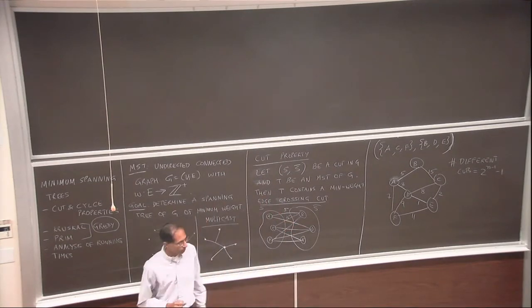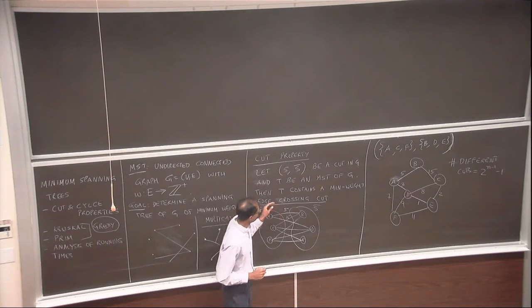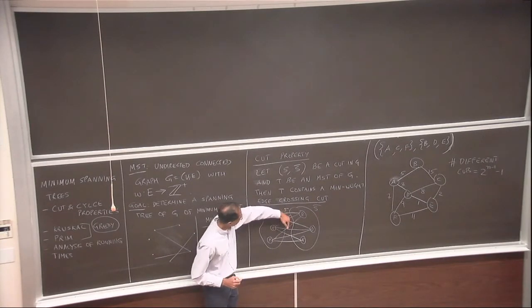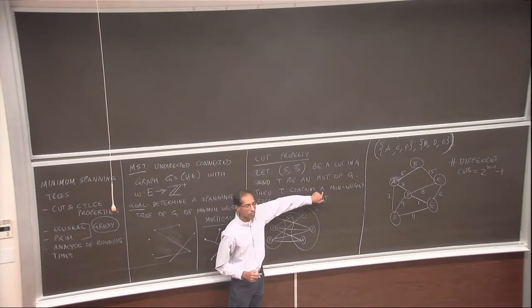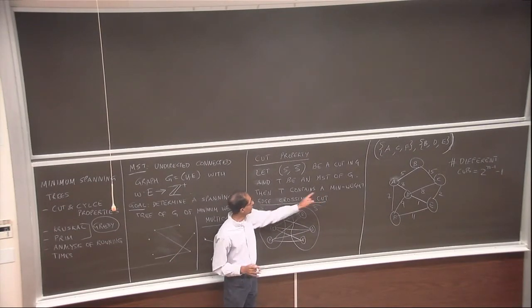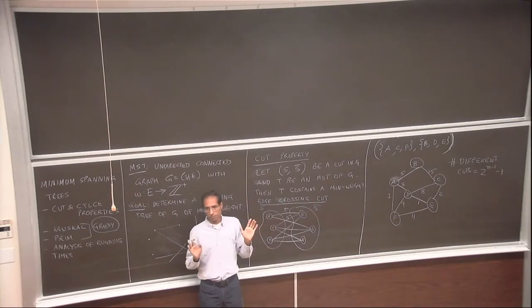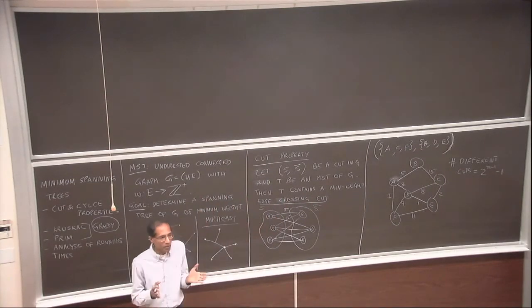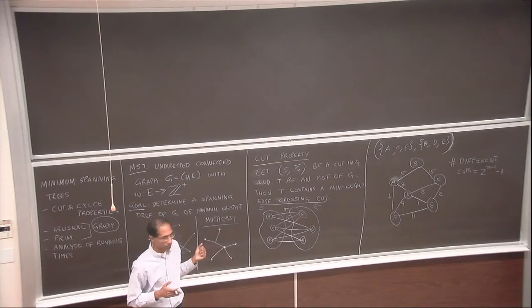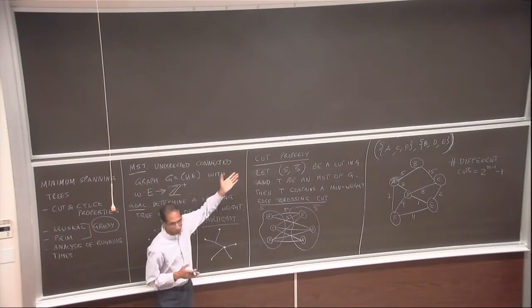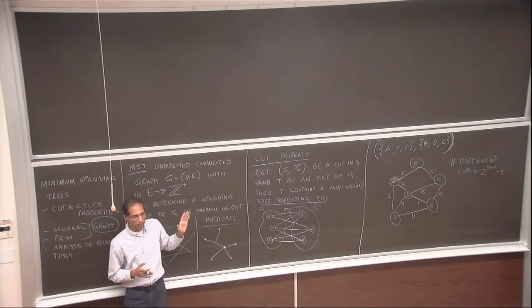Minimum weight edge means an edge that has minimum weight among all the edges crossing the cut. And saying a minimum weight edge acknowledges that there may be multiple minimum weight edges, and we want to make sure that T contains one of them. We don't know which one, but T has to contain one of them. That's the claim of the cut property. We haven't proved it yet. We sort of proved it last time, but I'll just repeat it.